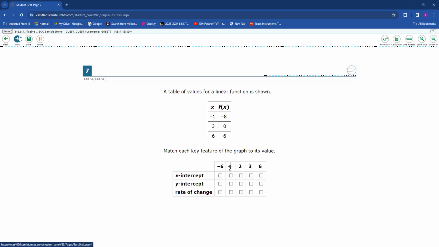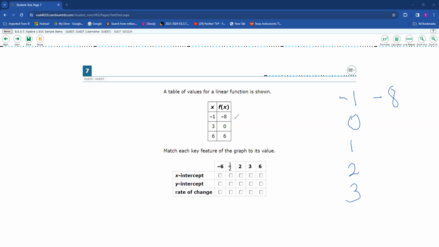Okay, so a table for a linear function is shown. My recommendation here is filling the gaps of this table. This table has -1 and -8. Try to fill in all the gaps. Let me go forward. 0 comes right after, so 0 and 1 and 2 and 3.